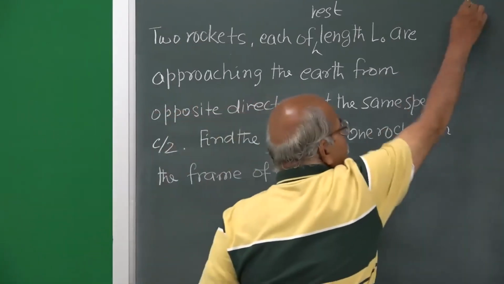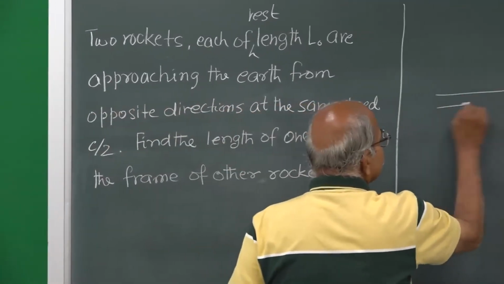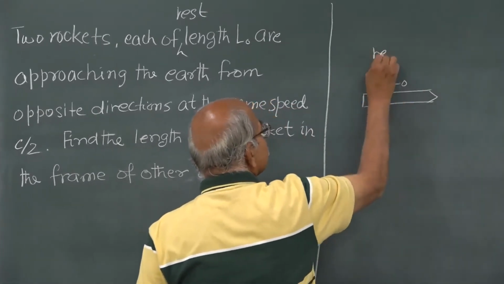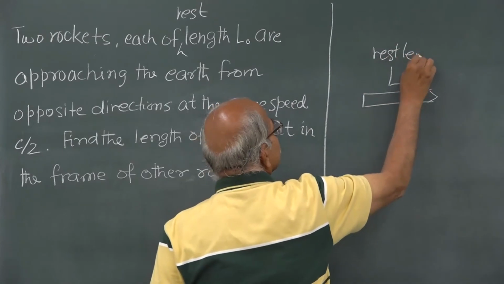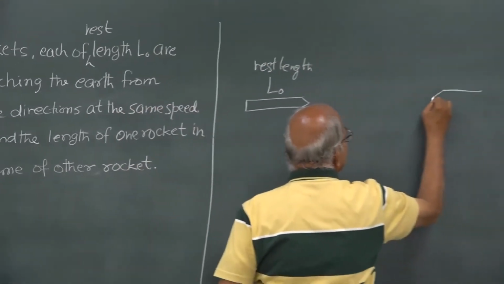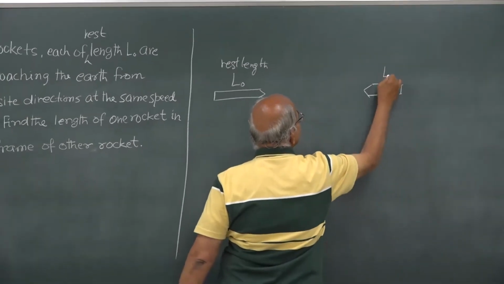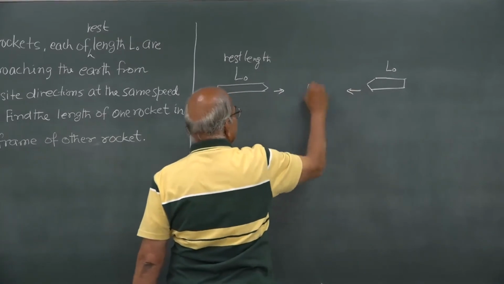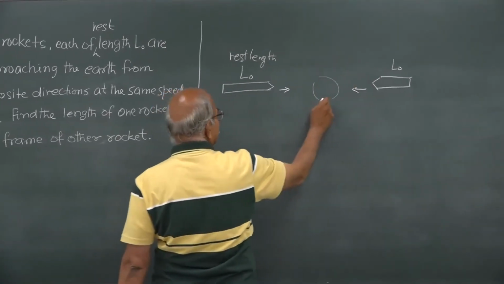So, you have two rockets and the rest length is L naught here and then here, and then they are approaching each other, and there is earth somewhere.